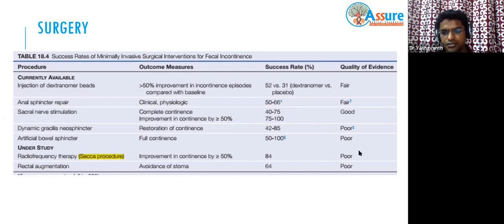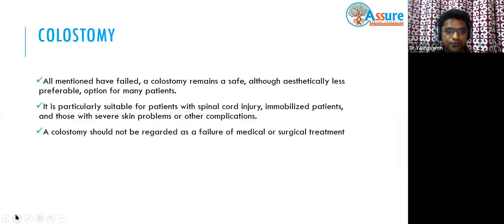The rest of the surgeries do not have good quality of evidence. The only thing I felt you need to know in the others was one named procedure called the SECCA procedure, which is a radio frequency therapy. So what I mentioned, these three, have fair and good results.